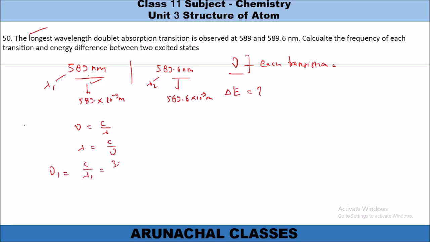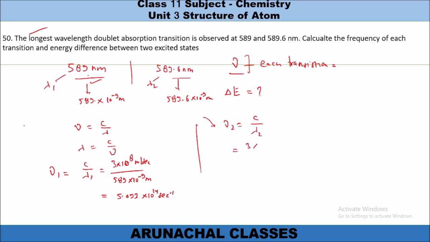So 3 multiplied with 10 power 8 meter per second divided by λ1, that is 589 multiplied with 10 power minus 9 meter. When we solve this one, we will get the value as 5.093 multiplied with 10 power 14 second inverse.